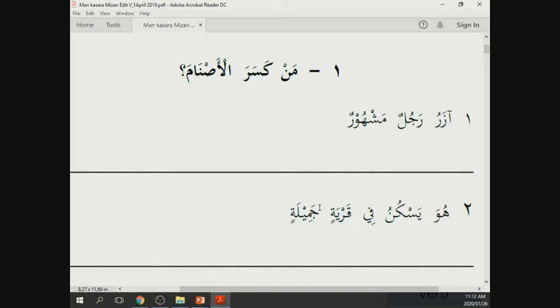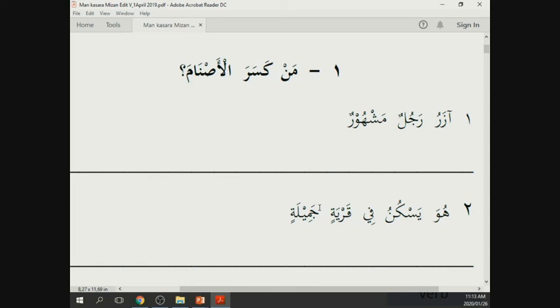Right. Last one. Next one. The people. How do you say? The people are prostrating to... okay, the word هذه isn't there, no?